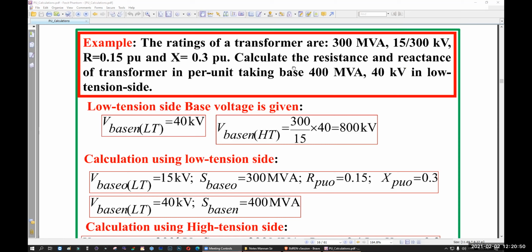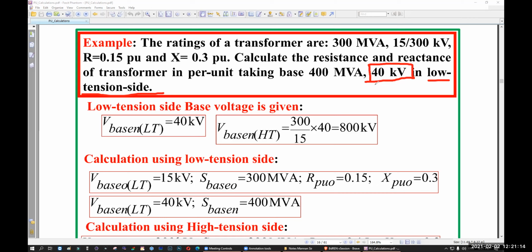By the way, where is the base? Is in low tension side, right? Where the base is? Base is calculated. This voltage is high voltage or low voltage? High voltage or low voltage? Anyone?